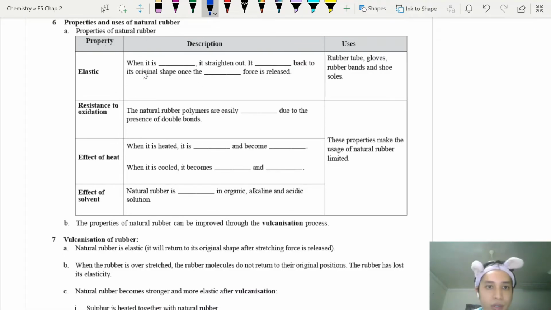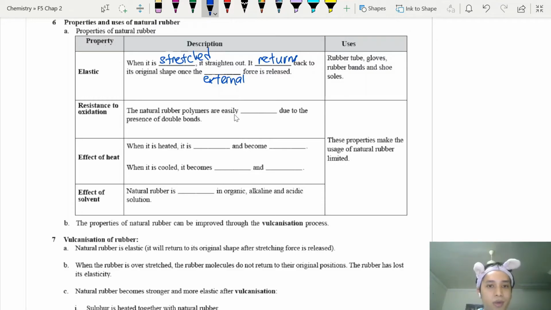Now natural rubber, since this is rubber, of course when you stretch, it elongates, and then it returns back to its original shape once the external force is released. This is elasticity, a property of rubber. And then resistance to oxidation.